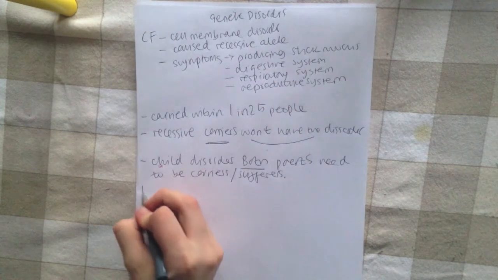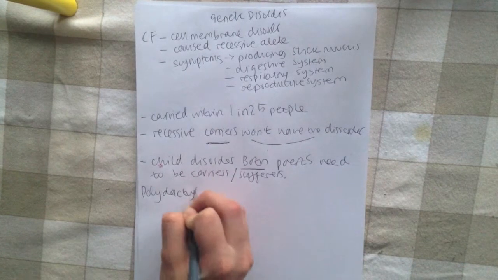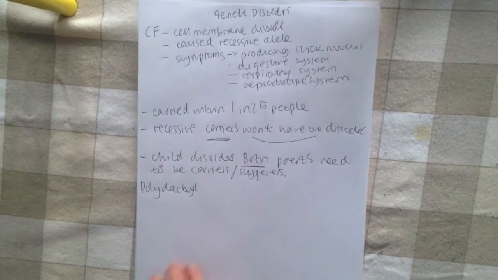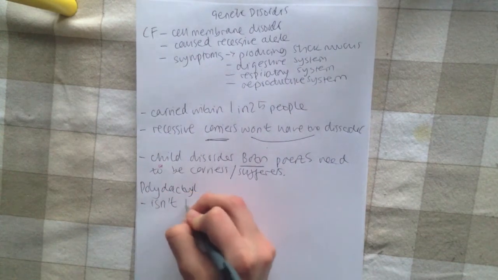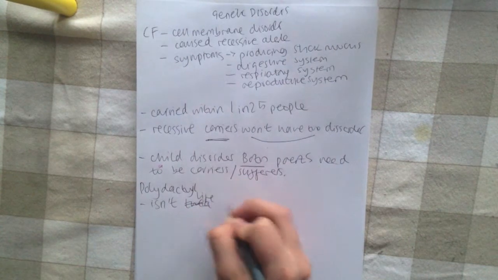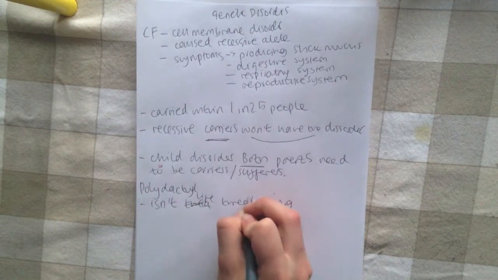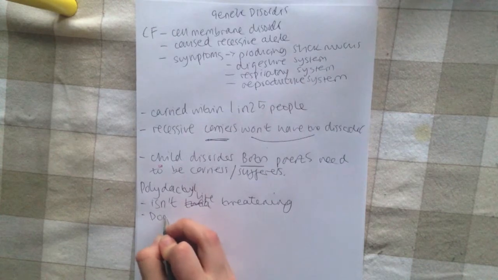Moving on to polydactyl. So polydactyl is not life-threatening, unlike cystic fibrosis. Sorry. It is caused by a dominant allele.